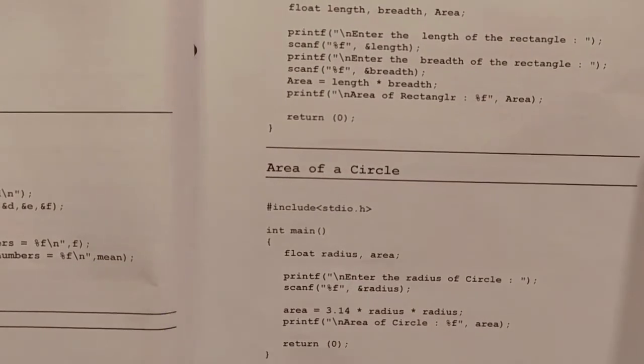Suppose in this case, area of a circle, we are taking floating point. Sometimes we can see instead of floating point, it will be written double or single. So what does all this mean? Single, integer, floating point, double. We'll distinguish between these four types of numbers and how they can be used in C programming.